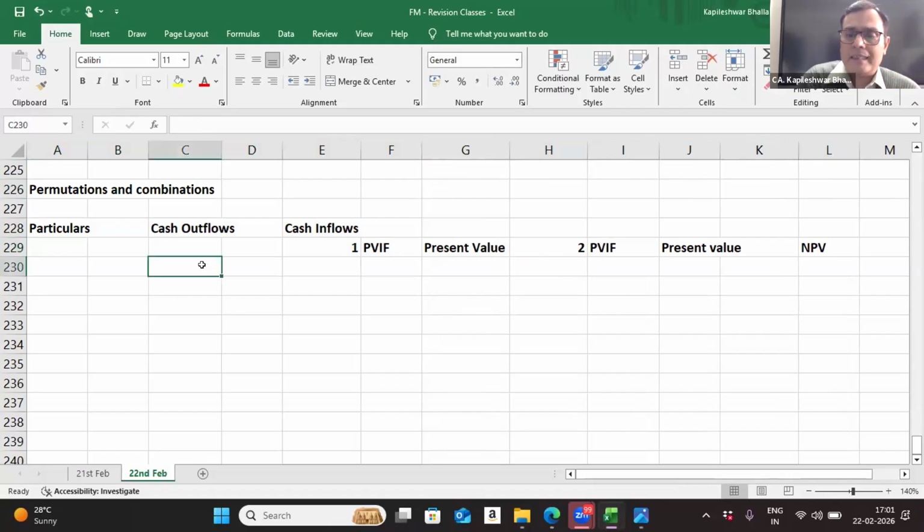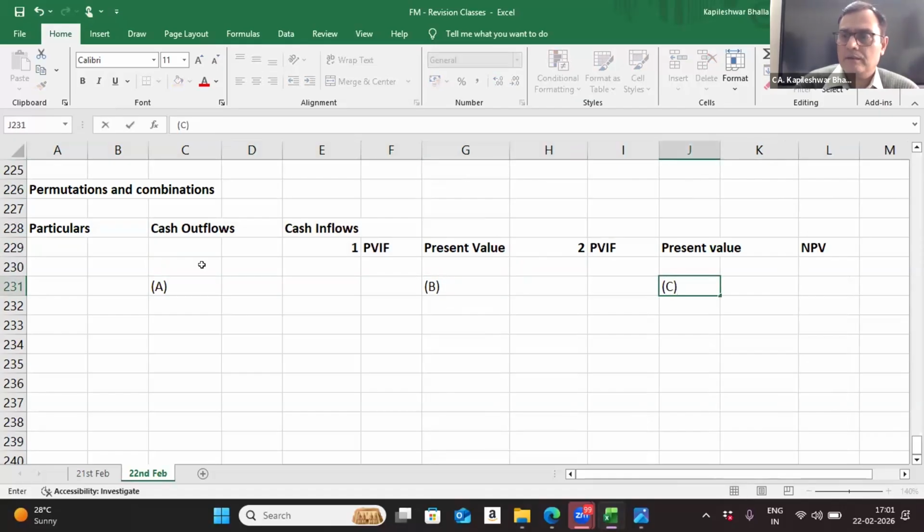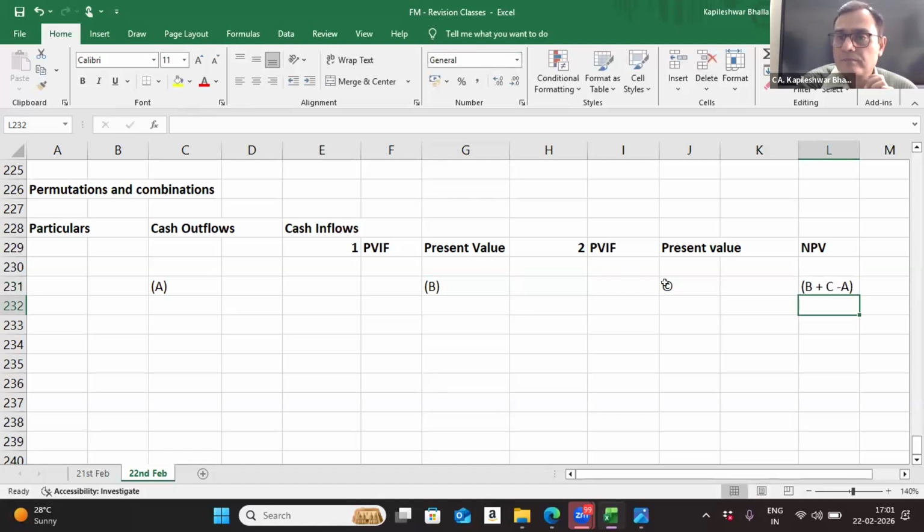So I think I'll take the cash outflows as A, and the inflows, I'll take this as B. I'll take this inflow as C, and the NPVs I'll take as B plus C minus A. Just presenting the answer so we can get quickly the results.